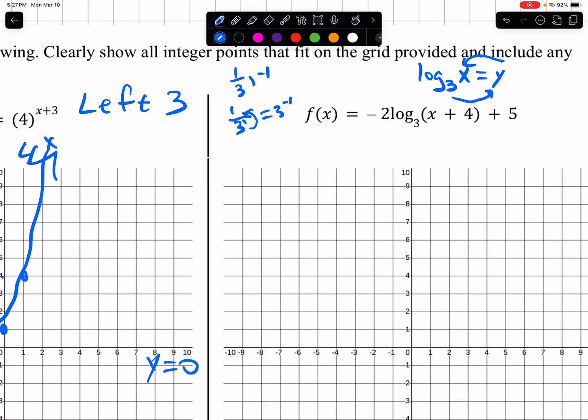Let me do this. So if we say 3 to the y equals x, if we plug in 1 for y... it doesn't make sense though. Not at all.